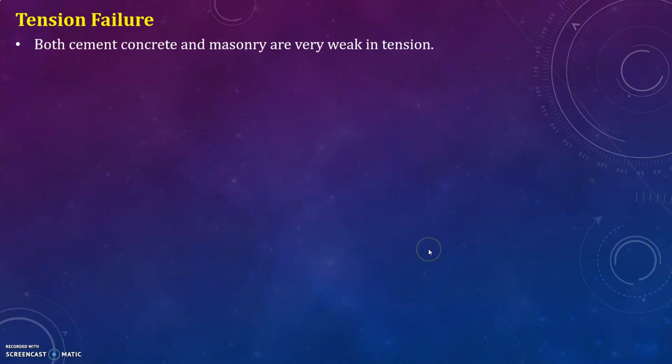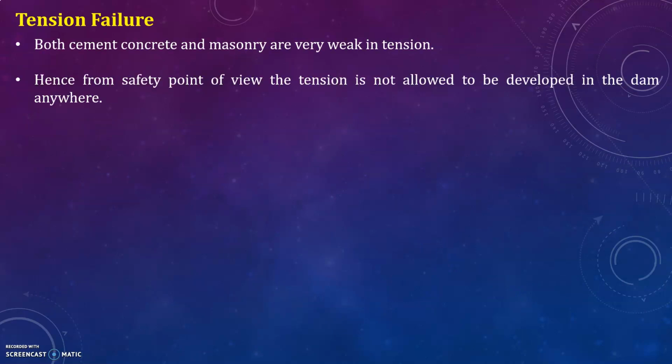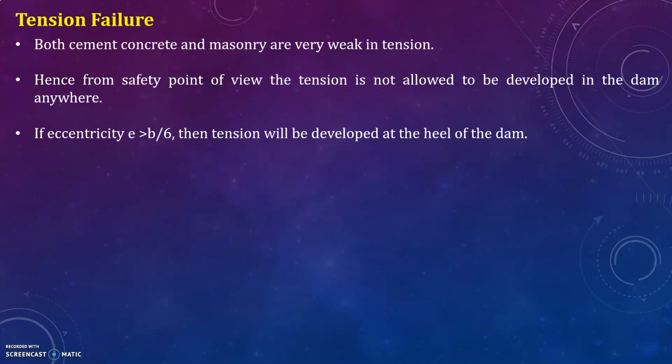Next one is tension failure. Both cement concrete and masonry are very weak in tension. Hence, from safety point of view, tension is not allowed to be developed in the dam anywhere. If eccentricity e is greater than B divided by 6, then tension will be developed at the heel of the dam.